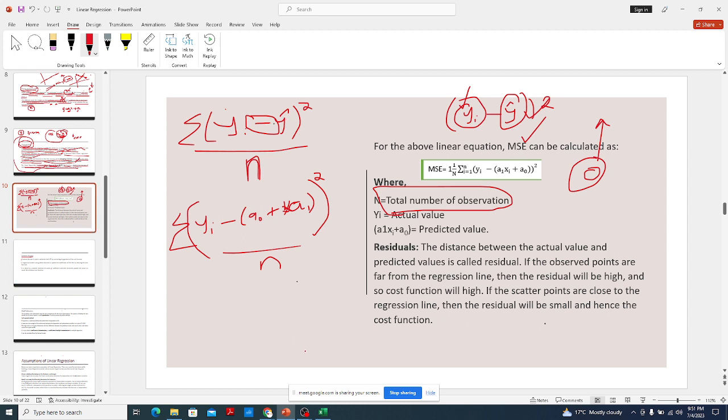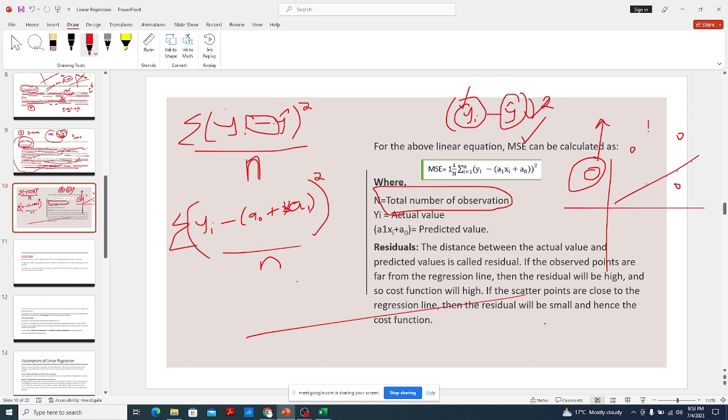What am I trying to drive? For example, if we have a regression line and these are the data points, and here we have the predicted values.